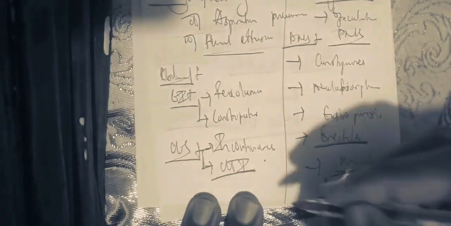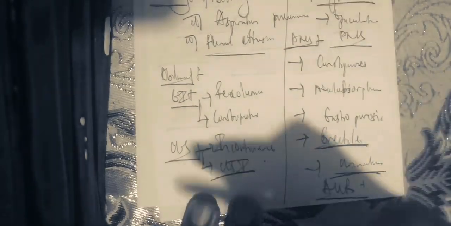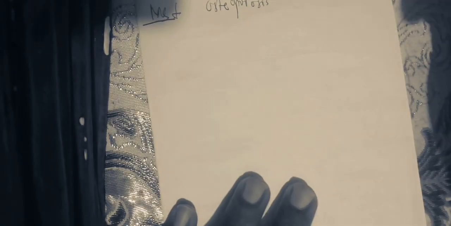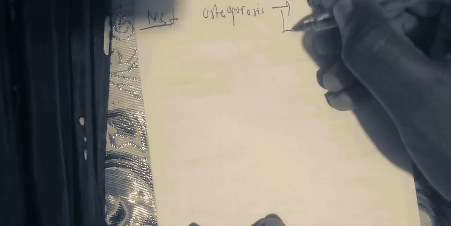Now, the next complication of decubitus after the urinary system, is it clear? We are going to have the musculoskeletal system. Since the patient is always lying down, we are going to have osteoporosis, and that osteoporosis may result in hypercalcemia, and also result in fractures.